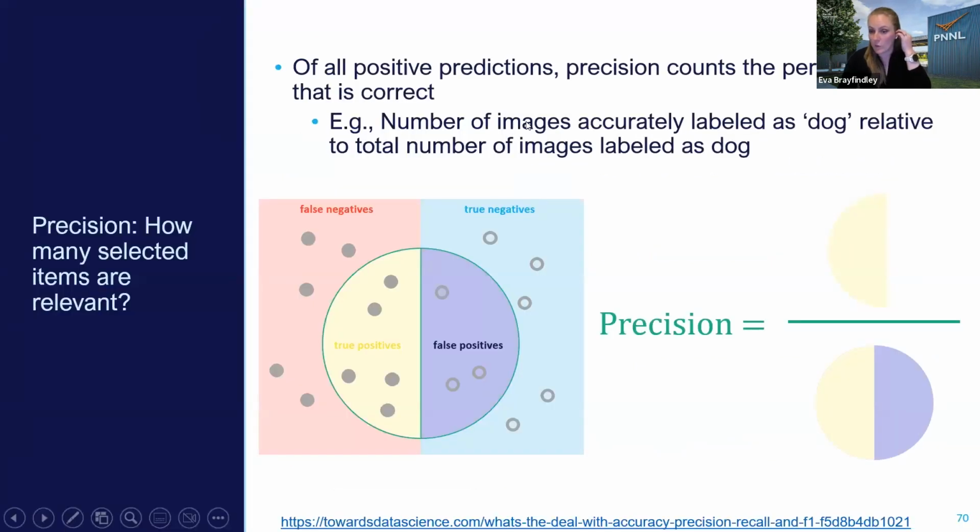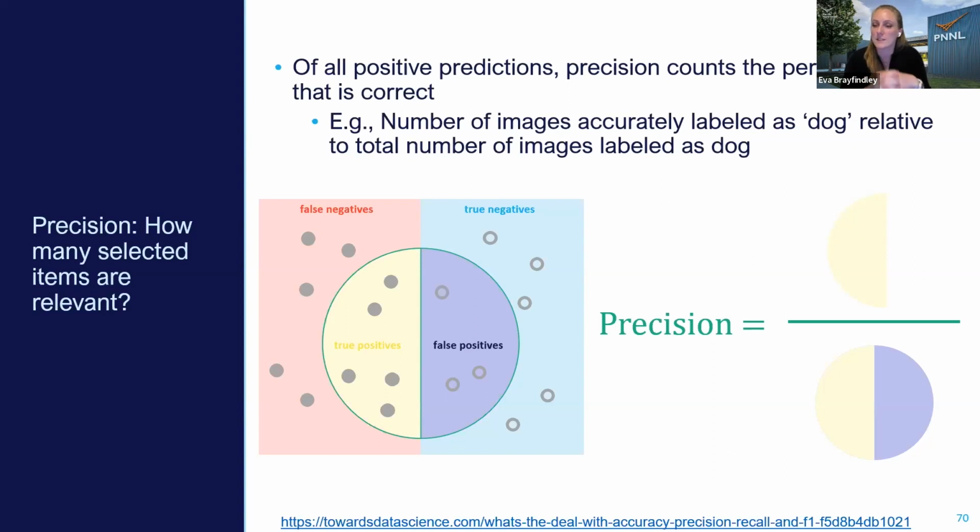Okay, so we've got all these numbers, right? You've got false positive, true positive, false negative, true negative. What does that actually mean, and how do we actually use it? So typically there are two sorts of metrics that you'll see in the literature outside of your standard accuracy label. And these are precision and recall. So I'm just going to show these to you very quickly.